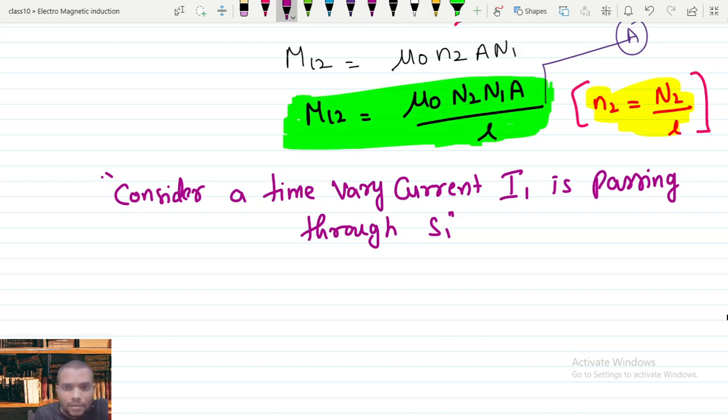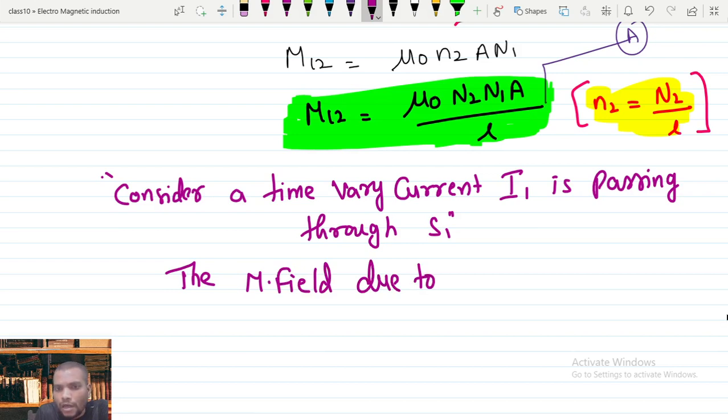Before that, let me write the magnetic field due to I1 in S1. Because current is passing in solenoid S1, there should be a magnetic field. So the magnetic field, B1, equals, we know the solenoid expression, mu naught times little n1 times I1.